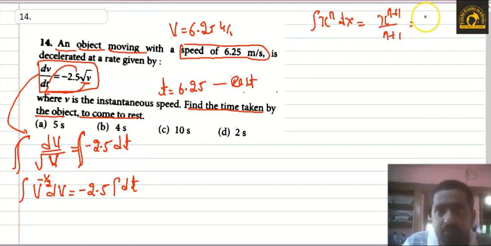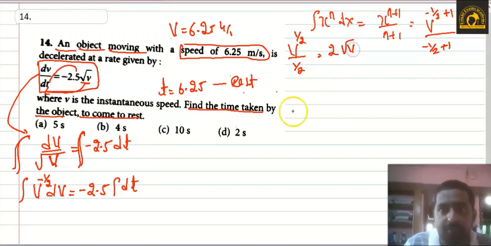So that means v to the power of minus 1 by 2 plus 1, divided by minus 1 by 2 plus 1. That is v to the power of 1 by 2 divided by 1 by 2, which equals 2 square root of v.